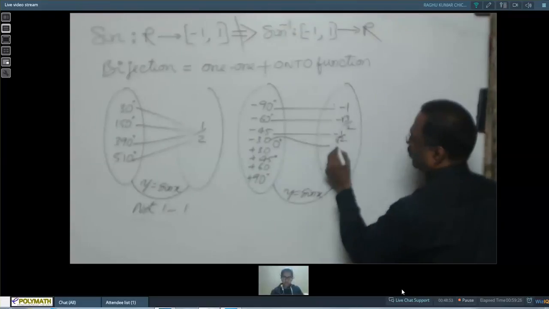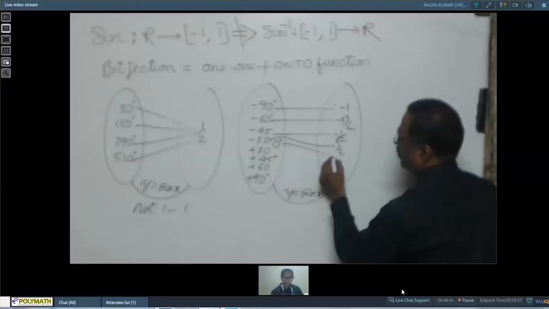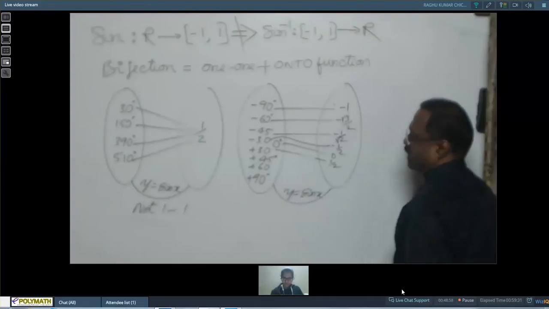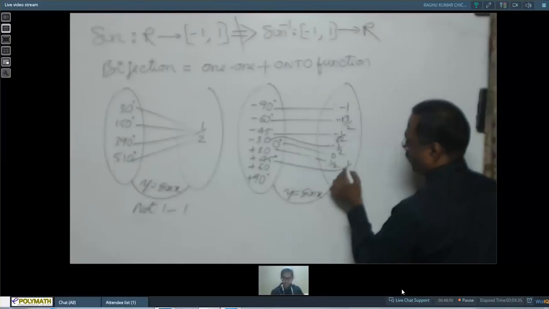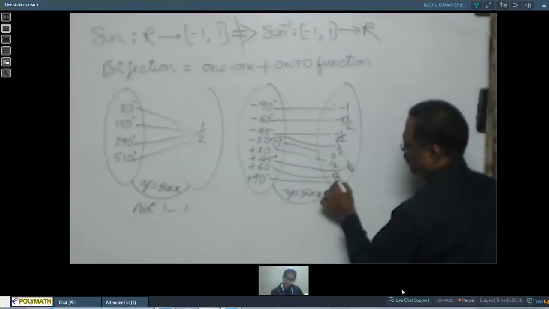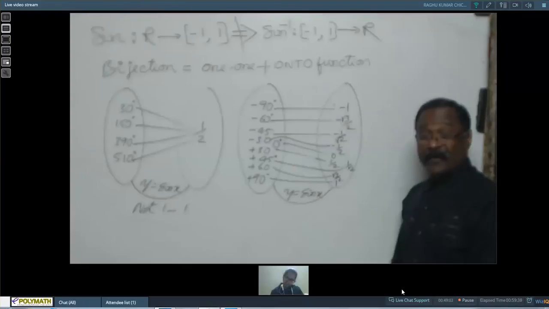Sine 0, 0. Sine 30, plus 1 by 2. Sine 45, plus 1 by root 2. Sine 60, plus root 3 by 2. Sine 90, plus 1. Now you tell me whether it is a bijection or not.